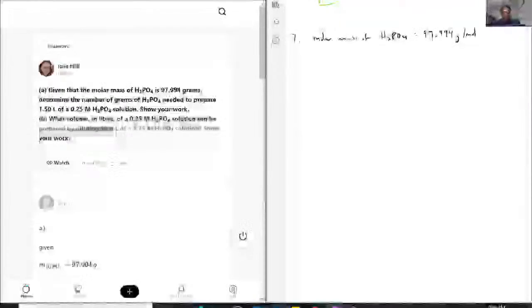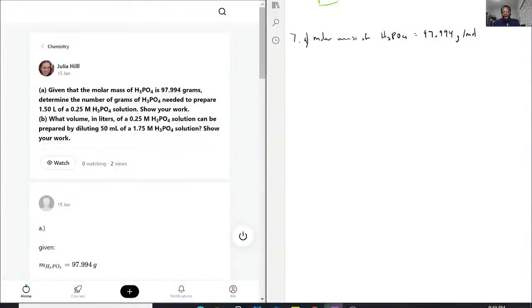And then they want to know what volume in liters of that solution can be prepared by diluting now the 1.75 molarity H3PO4 solution. And once again, we show our work. So we're going to solve A and B accordingly, okay?